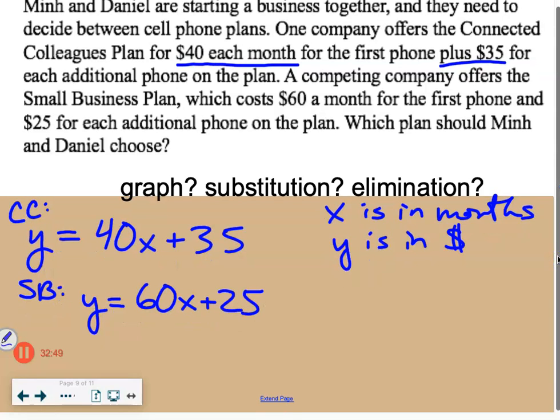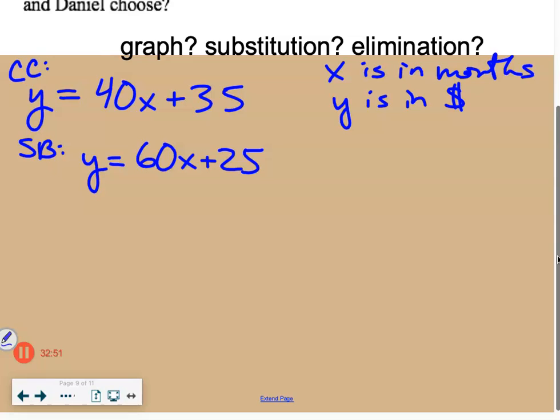So which plan should they choose with doing very, very little thinking? You know that this is going to be the better plan. This is going to have the lower price. Not the first day, but really quickly, right? This is going to have the lower price. I personally would know which plan to choose by graphing.